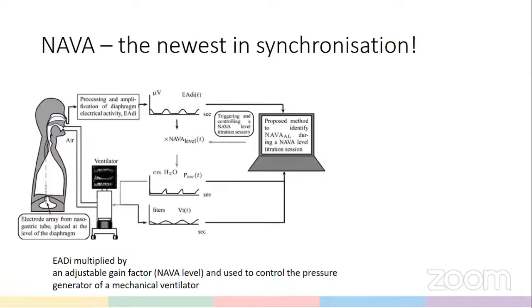We have discussed different types of trigger sensors. The newest type of trigger sensor is what is used by the NAVA mode of ventilation, which uses the principle called EAdi, the electrical activity of the diaphragm, as the trigger. NAVA is one of the most advanced modes of ventilation. It utilizes the electrical activity of the diaphragm, sensed by an esophageal transducer, to detect the patient's inspiratory effort and signal the ventilator to initiate a breath.